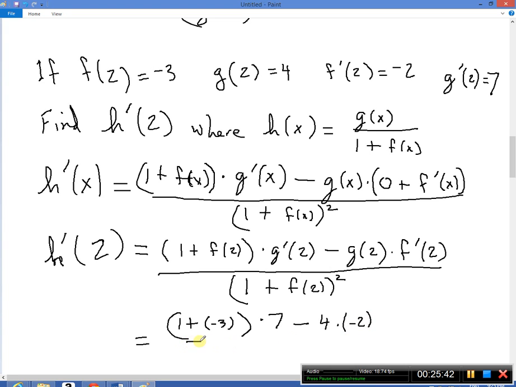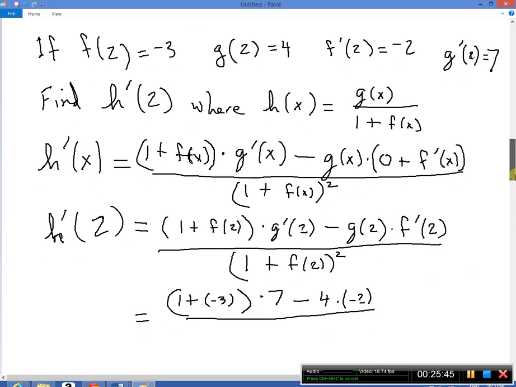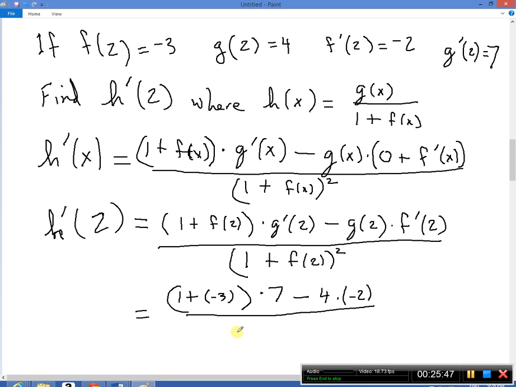And then you got to divide that by 1 plus, what's f of 2? F of 2 is minus 3. So 1 plus minus 3 quantity squared.